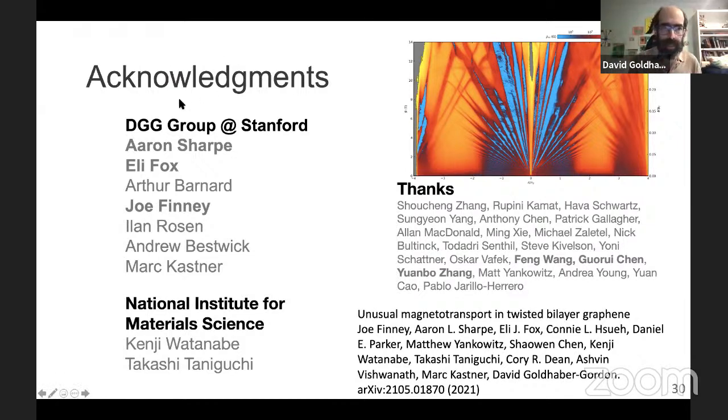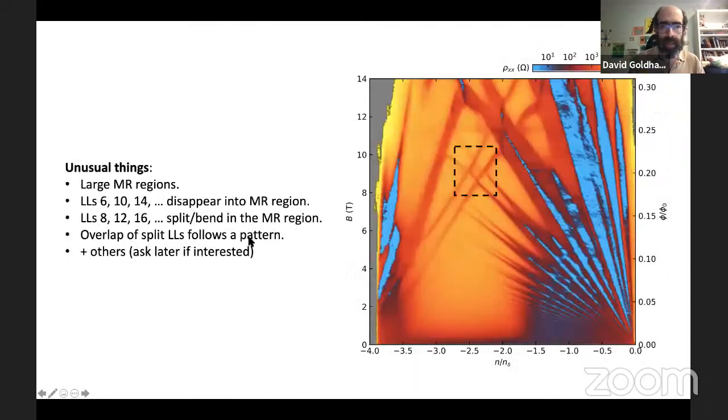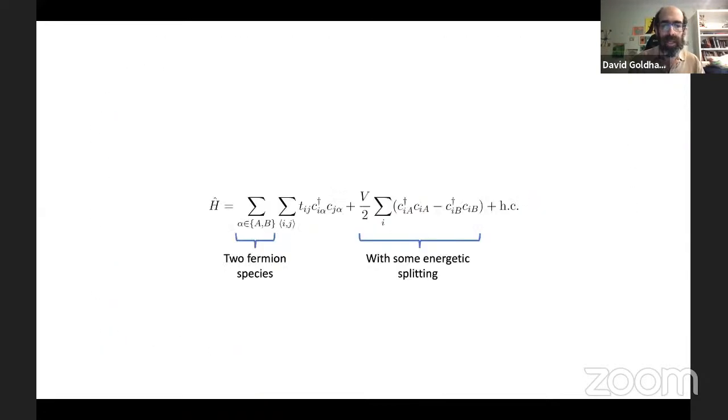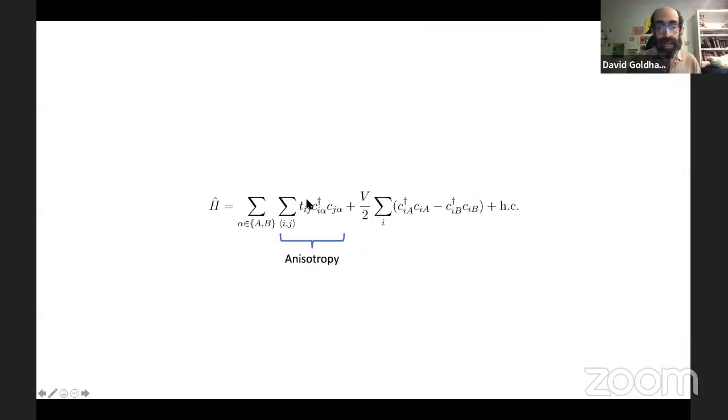So we add anisotropy, hopping different in one direction than the other. On a triangular lattice, you can do this by making one of the three directions different from the others.